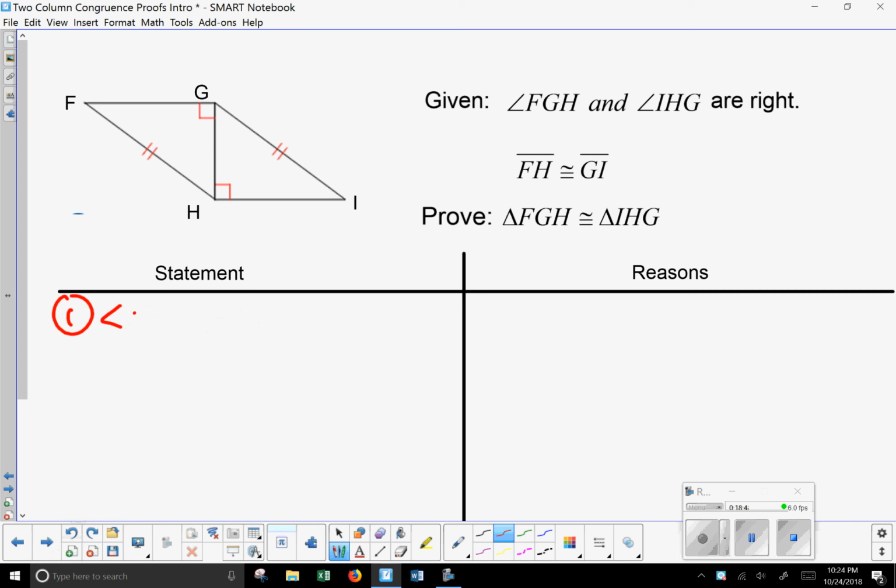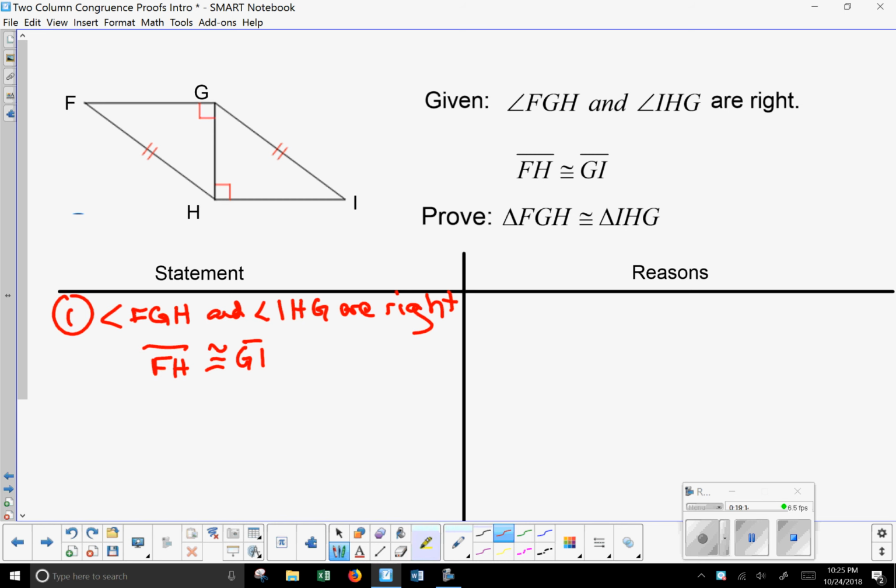It's angle FGH and angle IHG are right, and segment FH is congruent to segment GI.